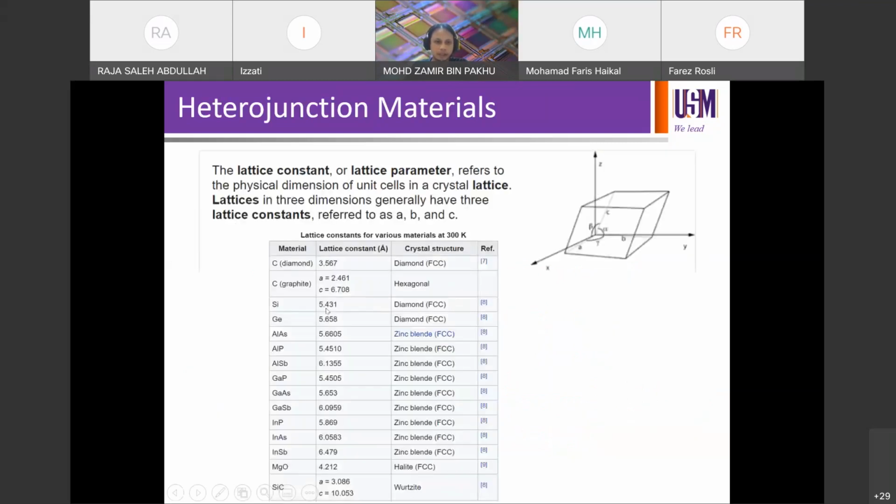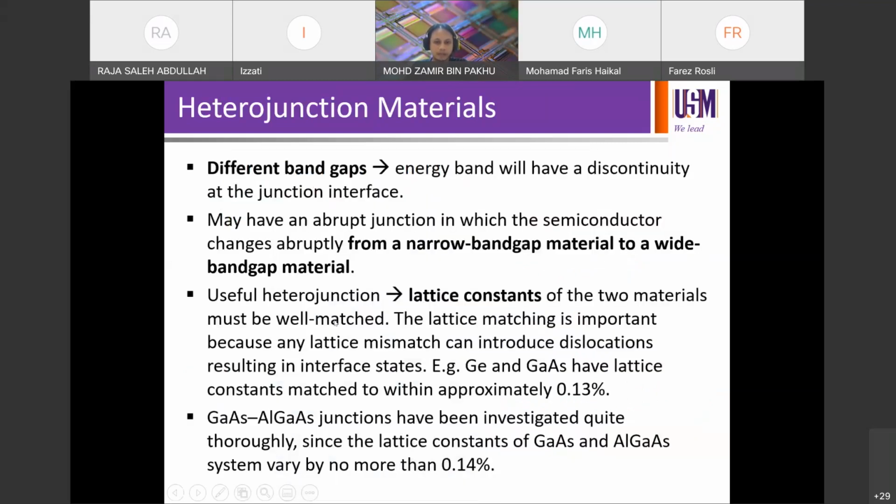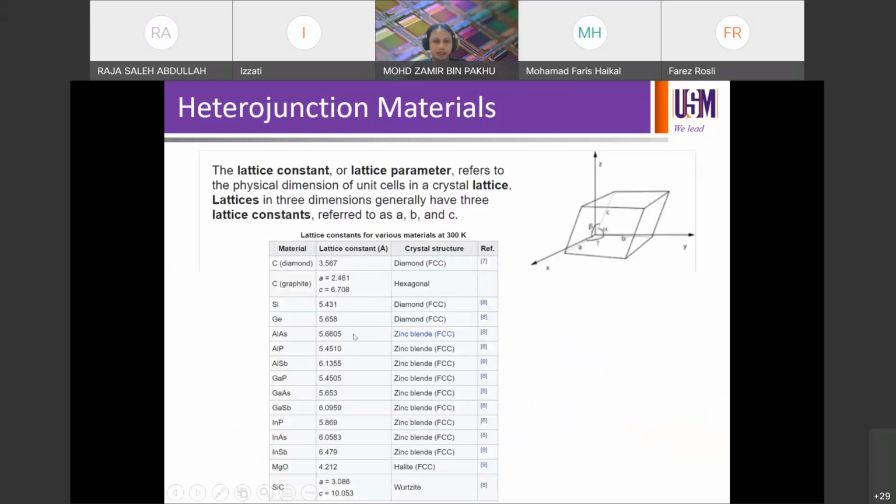Germanium on silicon, what percentage is its mismatch? Try to calculate here. Look at the lattice constants. Right, germanium is given, silicon is given as well. So now you try to calculate. If you want to grow germanium on silicon, what is the mismatch?